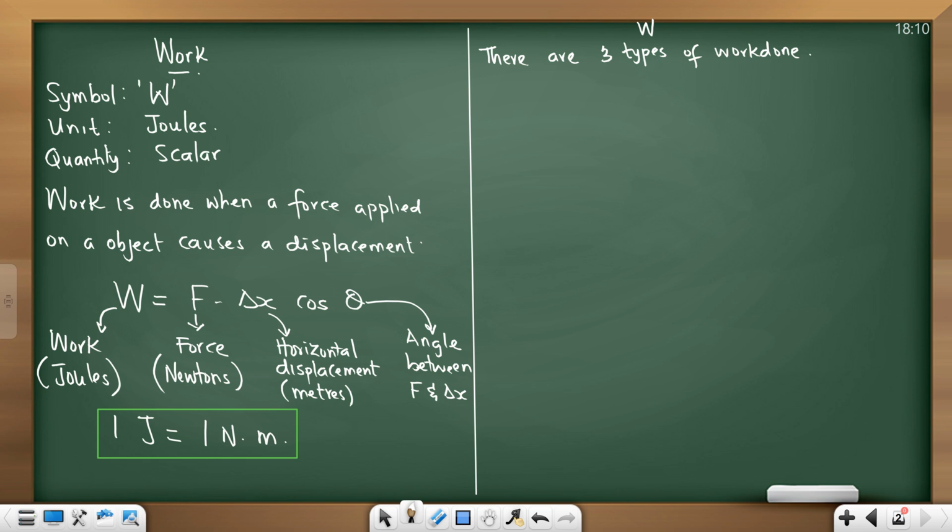Three types of work done. Number one, positive work. What does it mean when we say positive work? Energy is transferred to the system.